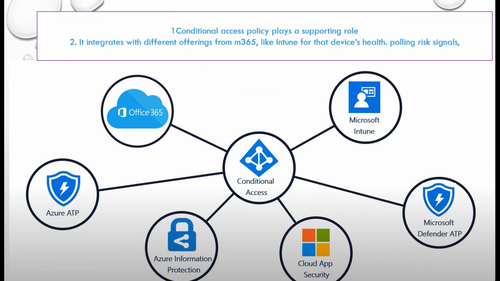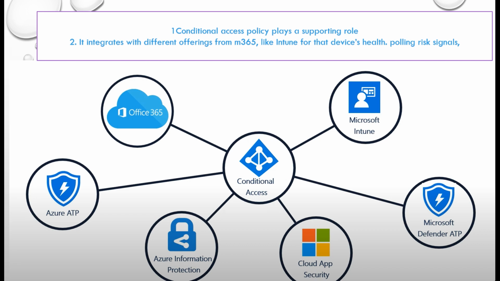Now we are going to check how conditional access policy plays a supporting role with Microsoft 365. It is integrated with different offerings from Microsoft 365 like Microsoft Intune, Microsoft Defender ATP, Cloud App Security, Azure Information Protection, and Azure ATP. For example, with Microsoft Intune, you can enforce device health and risk signals.